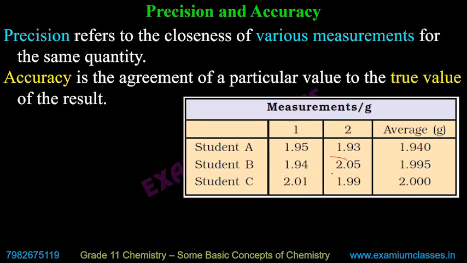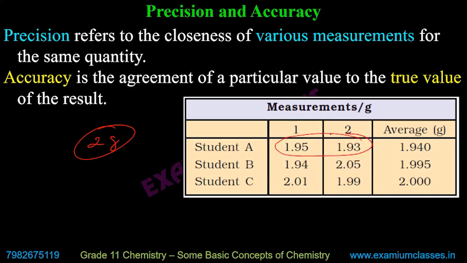This one, if you consider, these ones are neither precise nor accurate. Both are far away from the true value and both are far away from each other also. So these are far away from true value, these are not accurate. These are not close to each other, that's why not precise. Is there any confusion? Let me know.